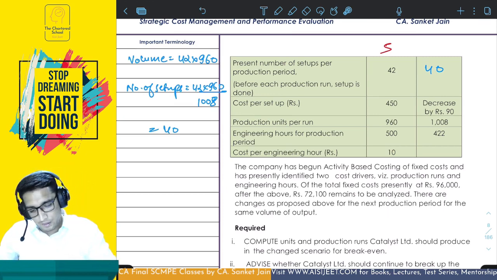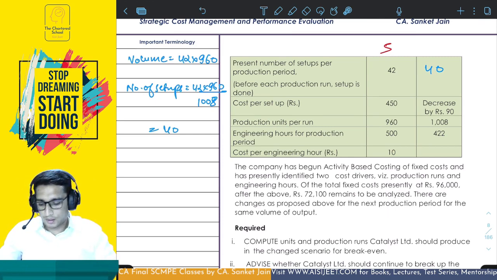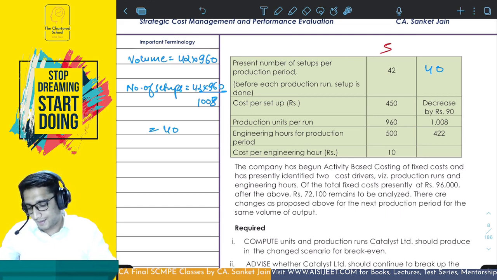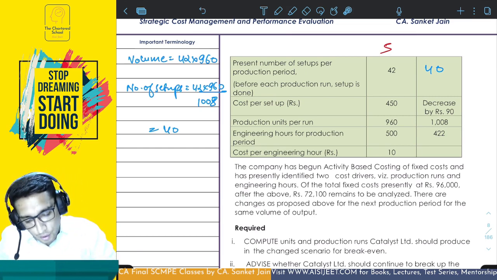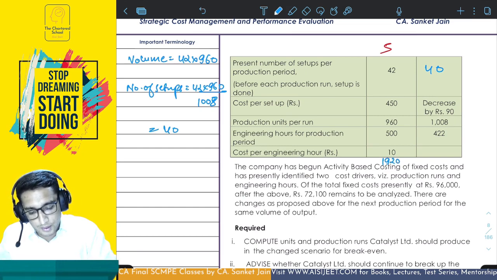So 42 into 450, plus, you can solve it with me. 500 multiplied by 10, 5,000, plus, and then 72,100, plus. You get 96,000, divided by 5, you get 19,200. This is the current level of BEP in terms of units. Okay, 19,200.